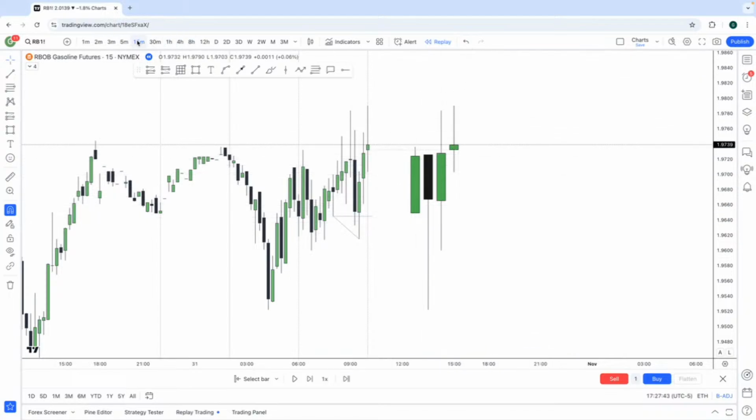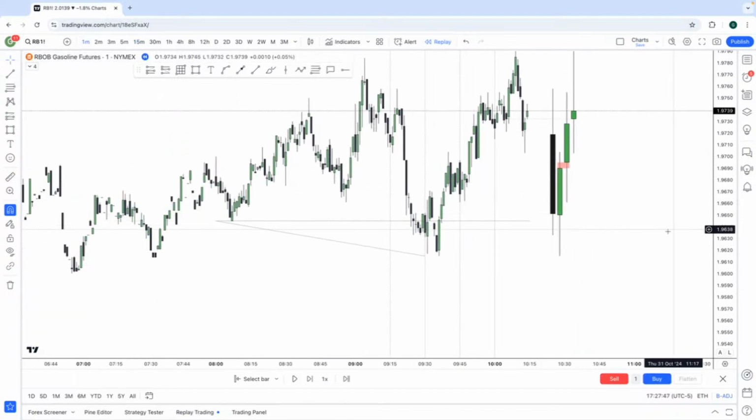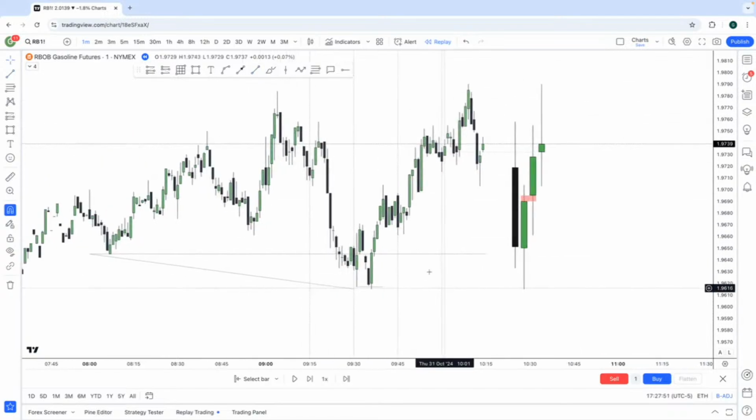If I drop down to the fractal model, you're going to see it here. We expand into the low, consolidate, expand into this low, and then expand away. This is the signature I want to see.